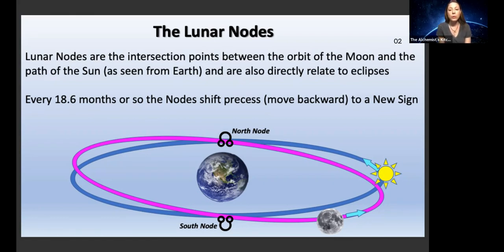And these nodes are connected to the eclipses. So whenever we have eclipses, let's say we have an eclipse in Gemini, a solar or lunar eclipse, that eclipse energy is going to affect that area of your house, that area of your life. Okay. So solar eclipses open up timelines, they begin new things, and lunar eclipses close timelines, they end things.